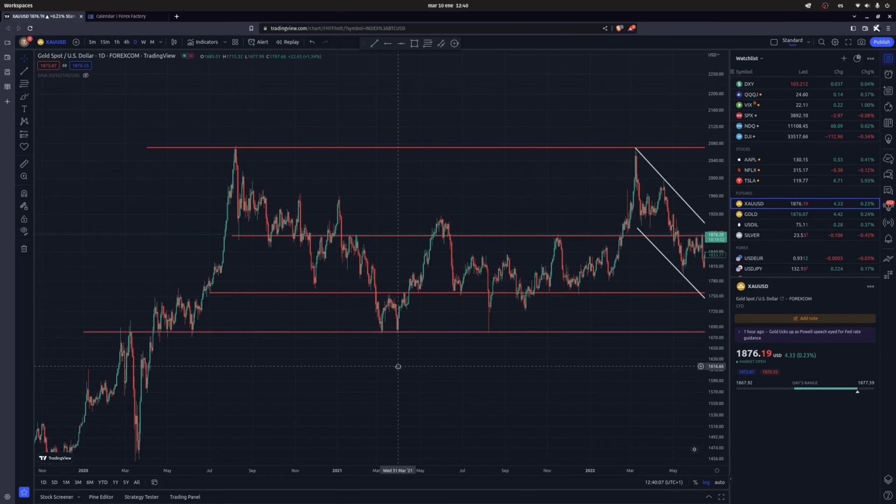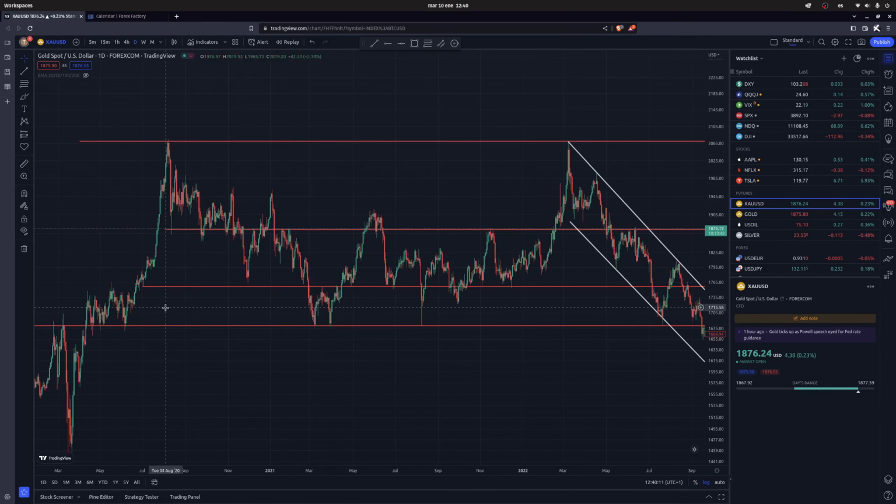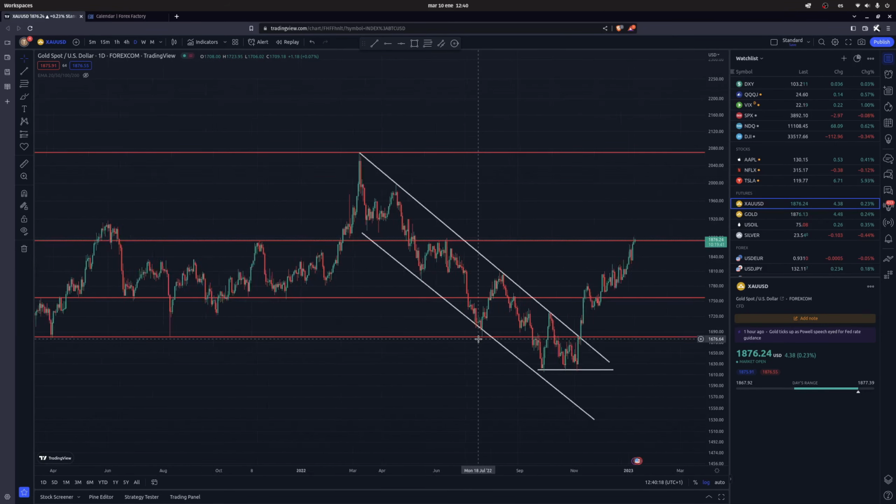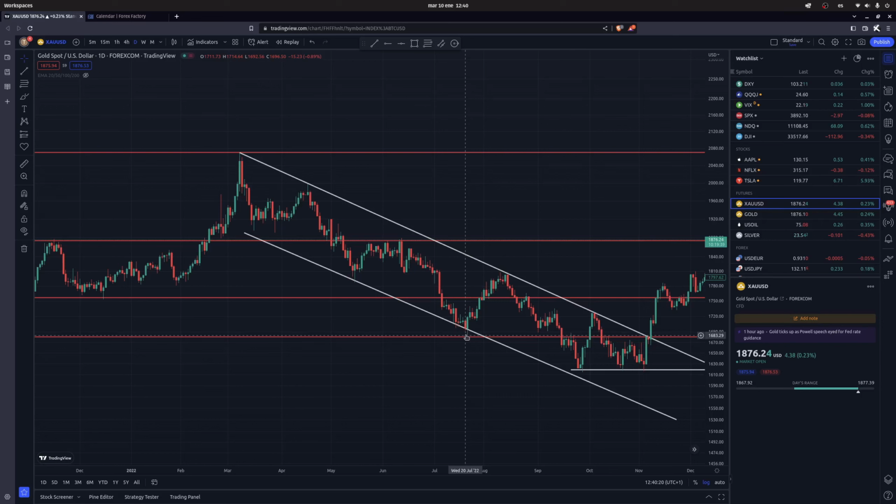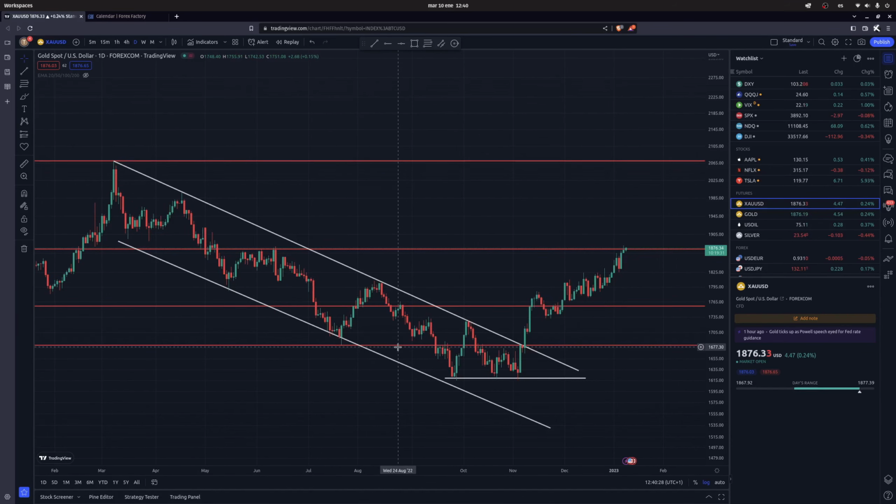So this is this multi-year support level, which we have several rejections here. And the last big rejection from this previous support level was in July 21. And this previous support level acted here as resistance.